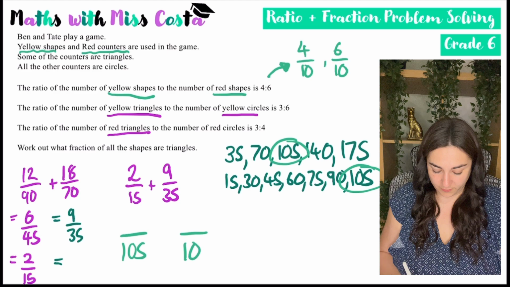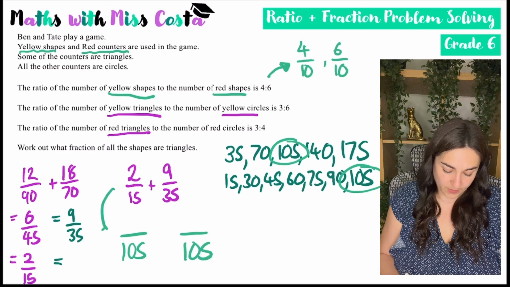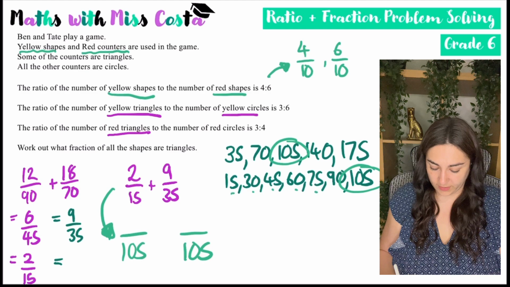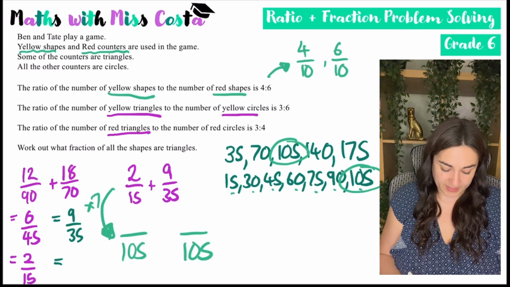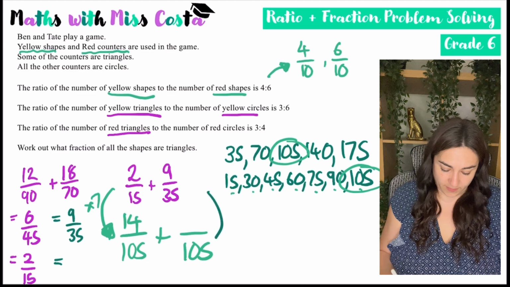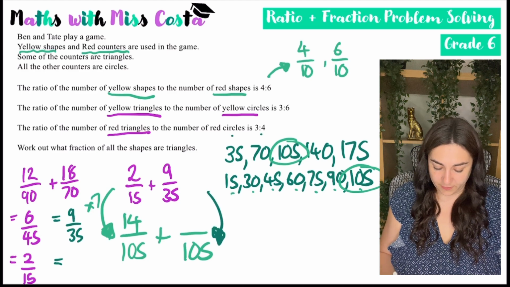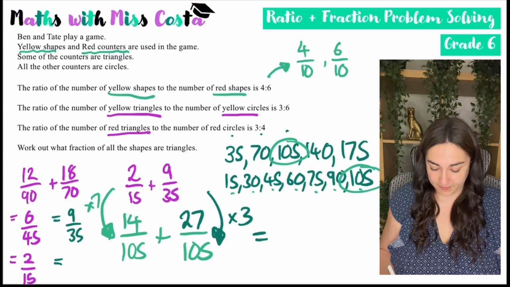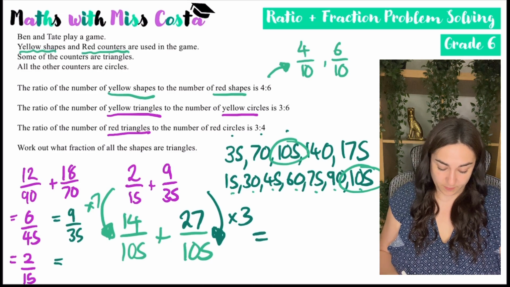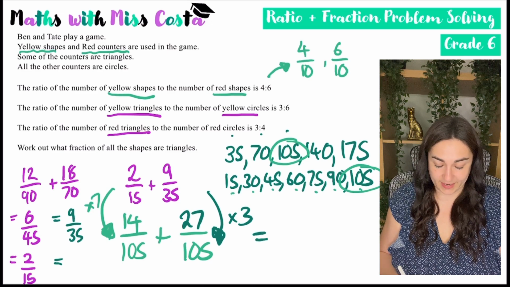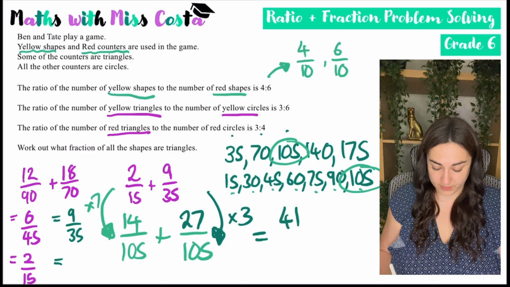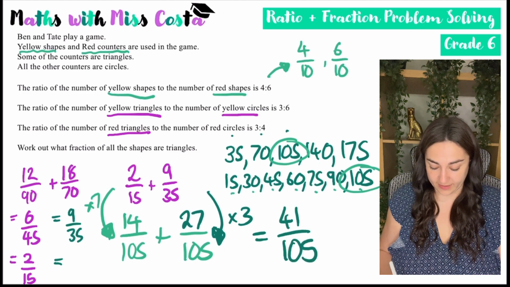So I'm going to write both fractions over 105. What have I times 15 by to get to 105? 1, 2, 3, 4, 5, 6, 7. So I'm going to have to times the numerator by 7 as well. And then what have I multiplied 35 by to get to 105? 1, 2, 3. So I have to times 9 by 3 as well, which is 27. Add them together. 14 plus 27 is 41 over 105.